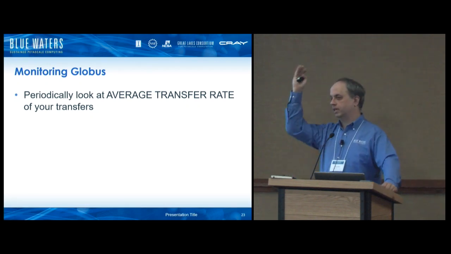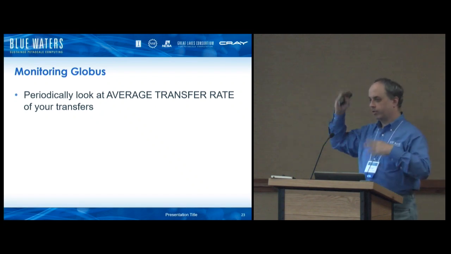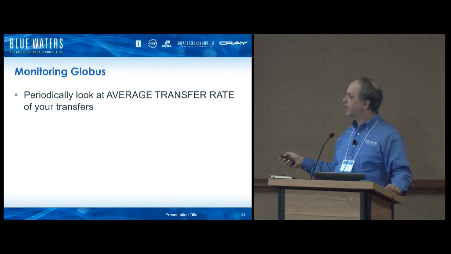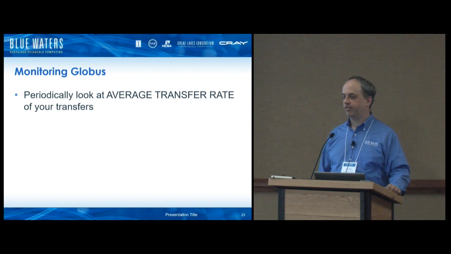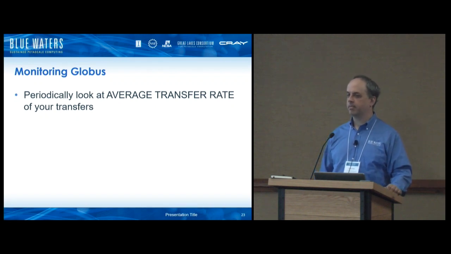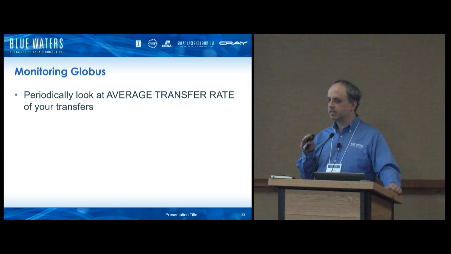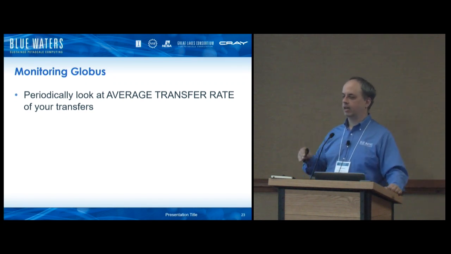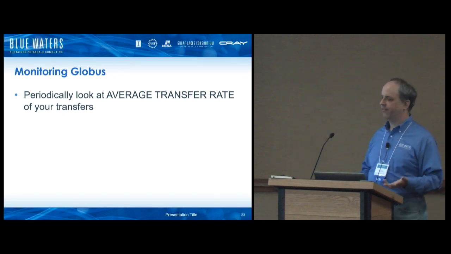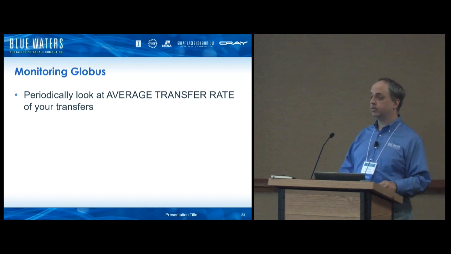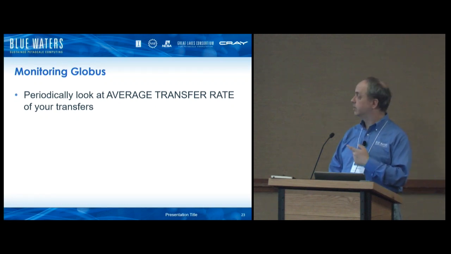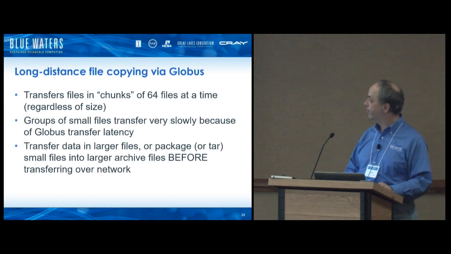Usually it's a bunch of error reports about transient issues in the network. Look at the average transfer rate. If it seems to be something sane, it's probably generally okay. If the average transfer rate is a hard 0.0, there's probably something genuinely wrong and you need to look. Globus is great about doing stuff in the background, but it's not good about telling you about critical failures.